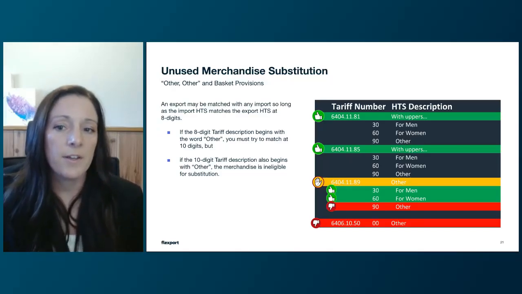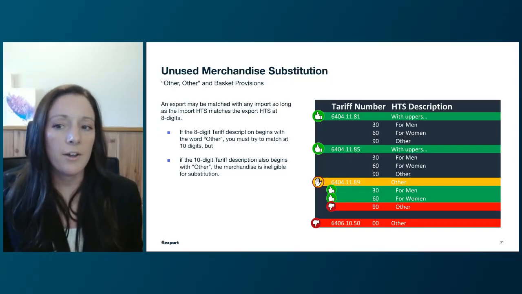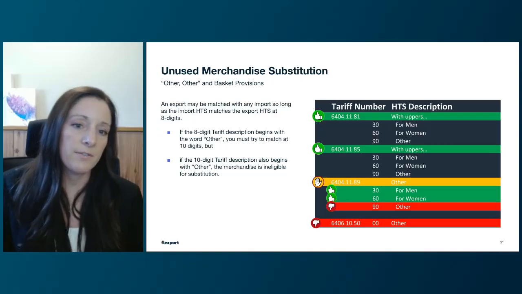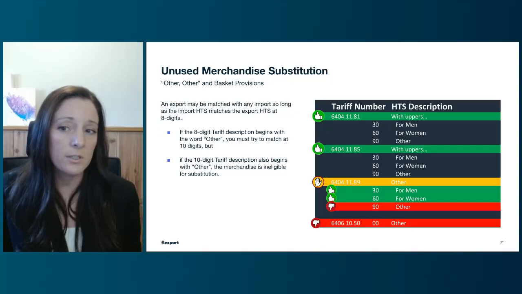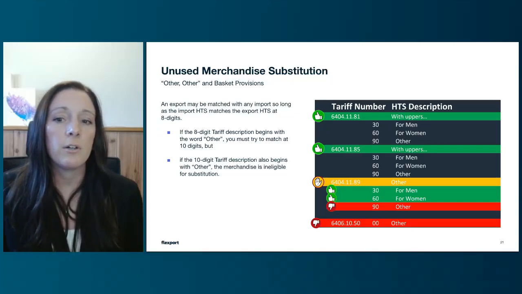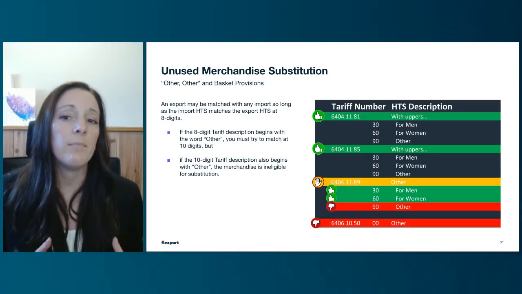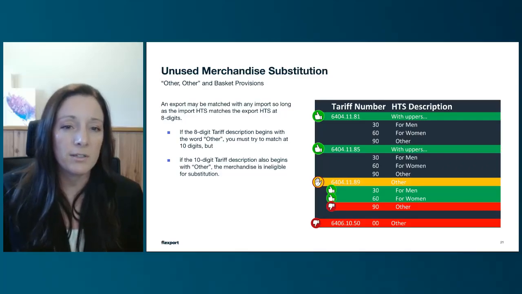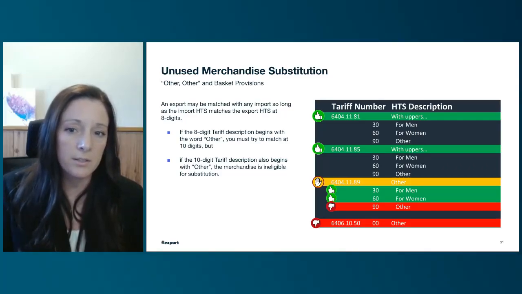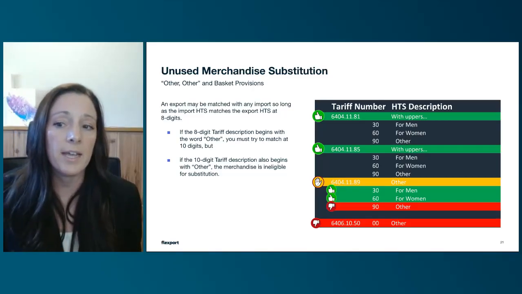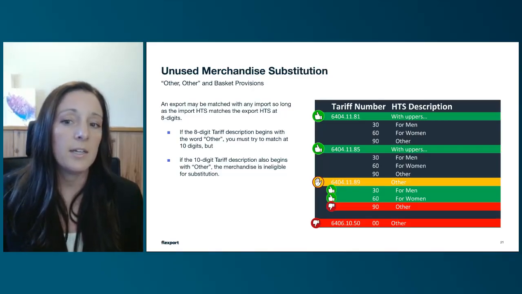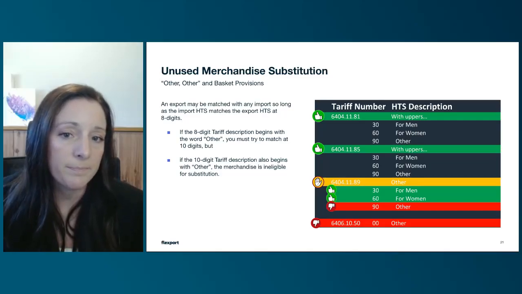As mentioned, there are certain wide-ranging other, and basket HTS classification subheadings that are not eligible for drawback under substitution. This is designed to encourage companies to find more defined and appropriate classifications for their products. You can see merchandise that does not begin with the word other at the 8-digit HTS subheading is fine to claim under substitution.